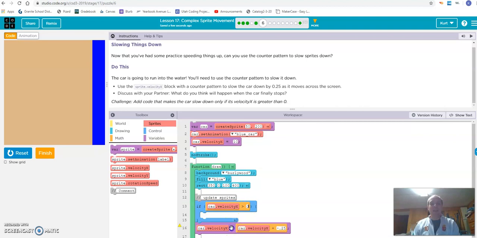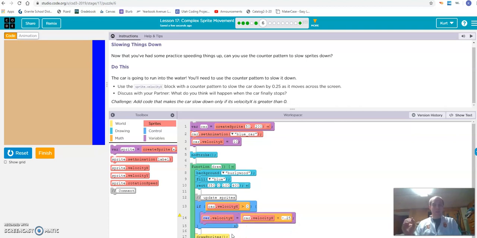That's the only time we're going to cause it to slow down. Now, once we get to 0, it's not going to subtract anymore. The counter pattern is going to stop, and the car is going to stop. So now when we run this, our car slows, and now we got it to stop right before the water.